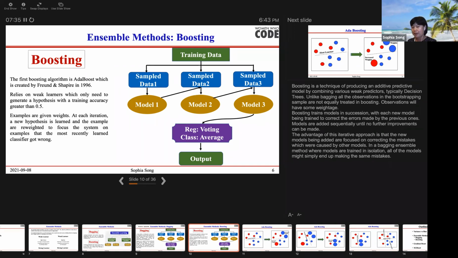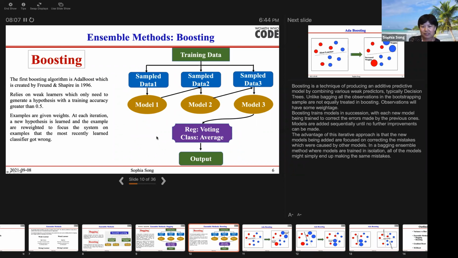Based on these errors, for the next model you put much emphasis on these errors and build the second model. The second model also has some errors, so based on the second model's errors, you build the third model. Then you repeat this cycle and build sequential models, multiple models.